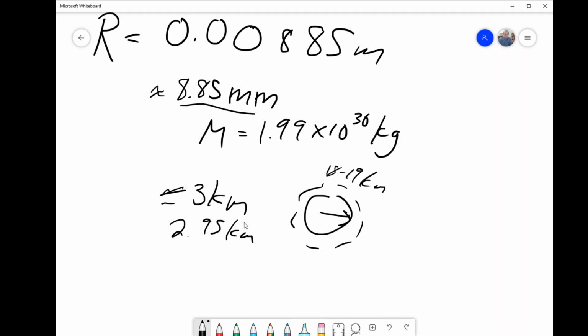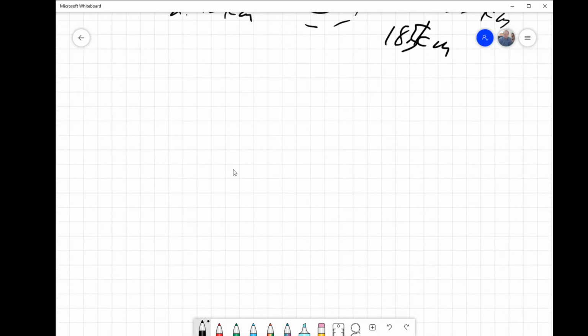So that makes the circumference more like 18.533 kilometers, or about 18 and a half. There are people who will jog that on a regular basis. So they would be very small. And this is part of what makes them hard to spot. But it also has another side effect.